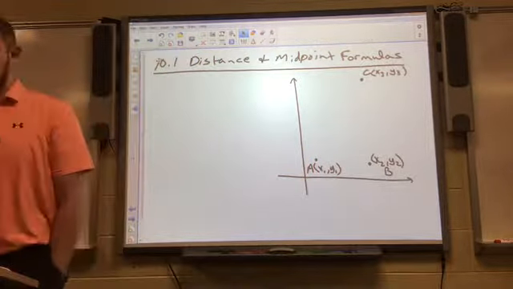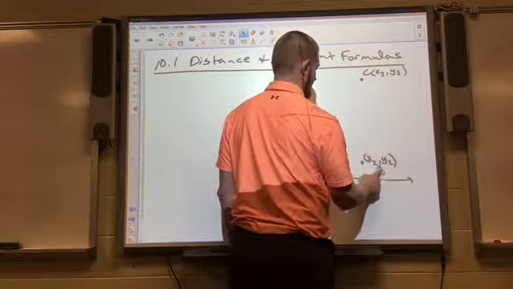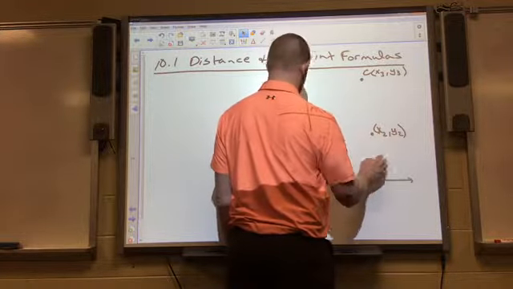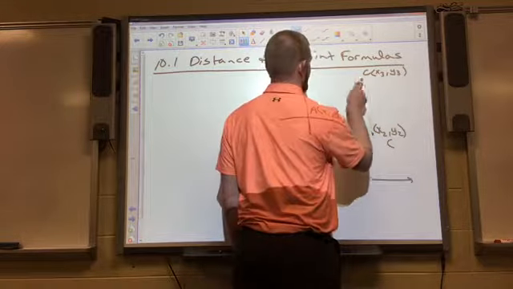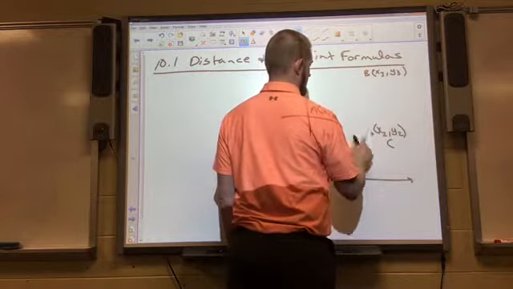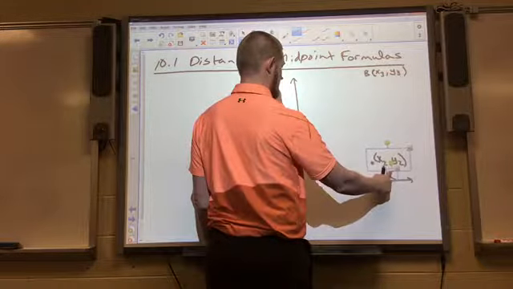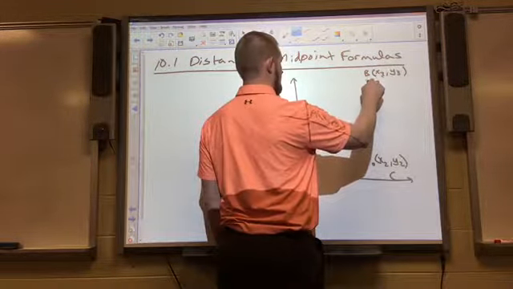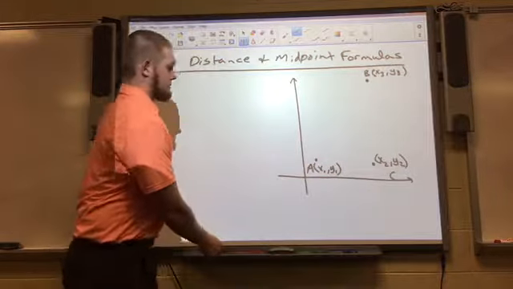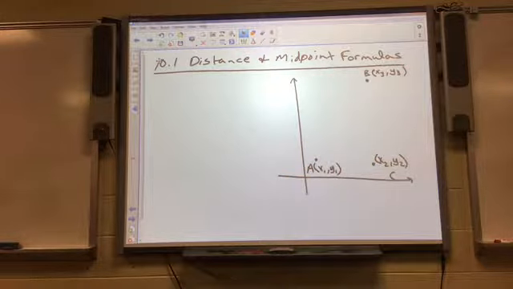Well, I guess they did it backwards, or different than I did. They put C here, and I'm going to keep it the same as the book has it, and B here. And we're going about distance formula here. We're trying to find the distance from A to B.